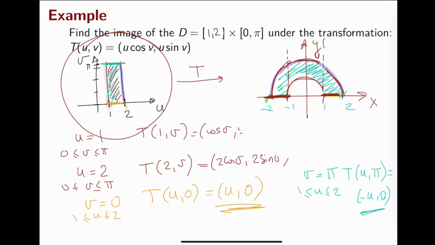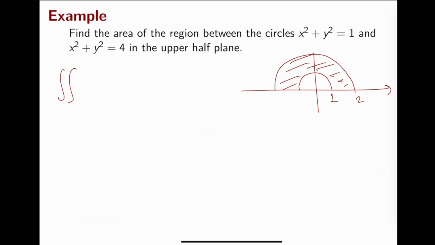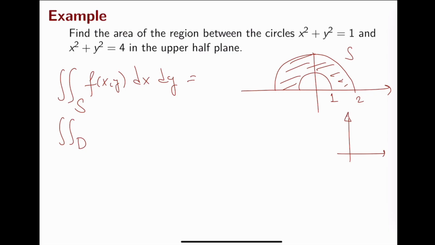Well, that's exactly what a change of variable is for. So we want to calculate the integral over this domain S of our function that depends on x, y, dx, dy. And you can do it, as I said before, dividing this in pieces and doing all that. Or you can do the change of variables that we saw before. And so this integral, according to the change of variables theorem, will be just the integral on D, where D is just a rectangle that we had described before, between 1 and 2 and between 0 and pi.